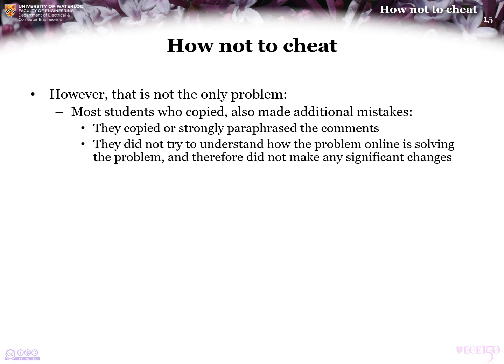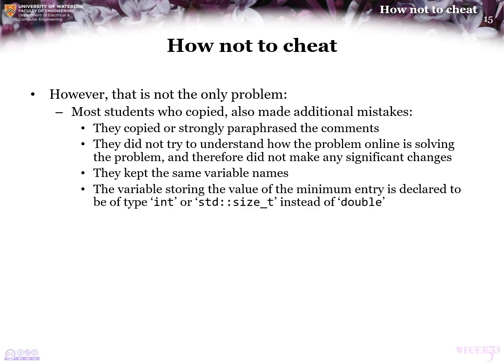They did not try to understand how the online solution was solving the problem at hand and therefore did not try to make any significant changes. They kept the same variable names and the same declarations.